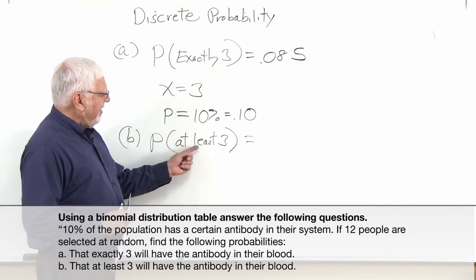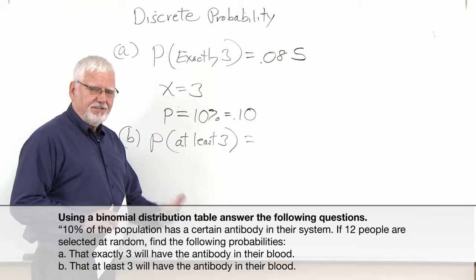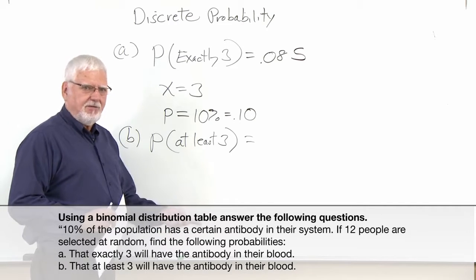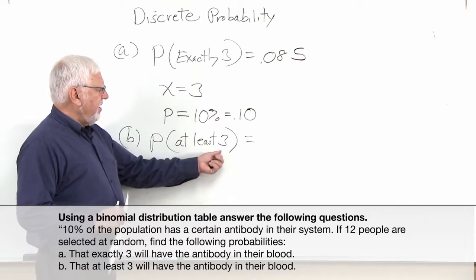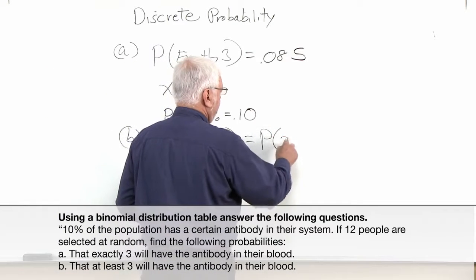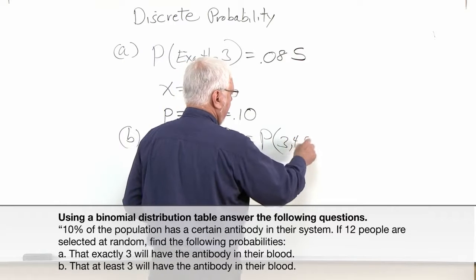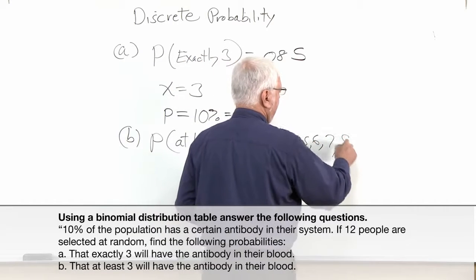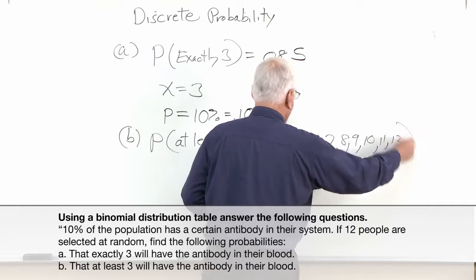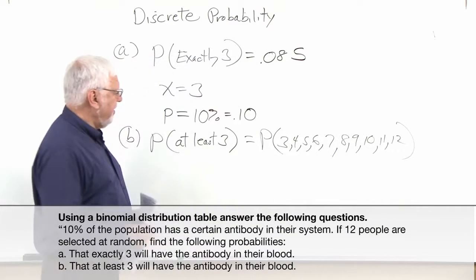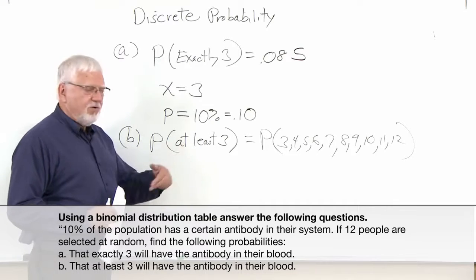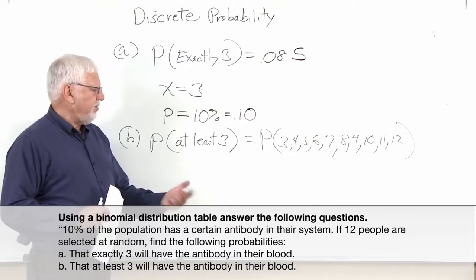If you had to have at least $3 in your pocket, would $2 work? No, you've got to have at least 3, right? So at least 3 means 3, 4, 5, 6, 7, 8, 9, 10, 11, 12. It doesn't mean 0, 1, 2. That would be at most 3. Then it would be 0, 1, 2, or 3.